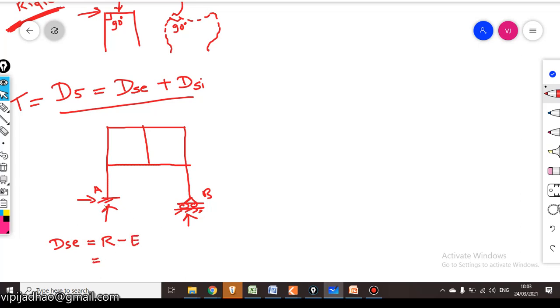Here there are three unknown reactions, so 3 minus the equations of equilibrium available, which are 3. So the external degree of static indeterminacy in this case will be equal to 0.